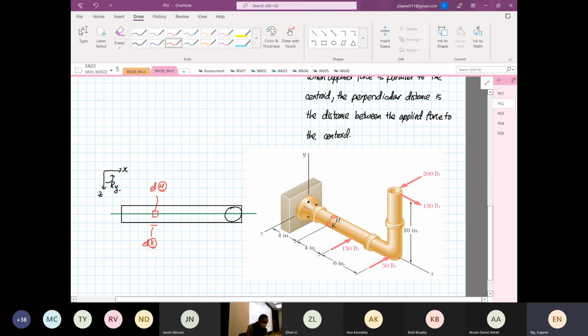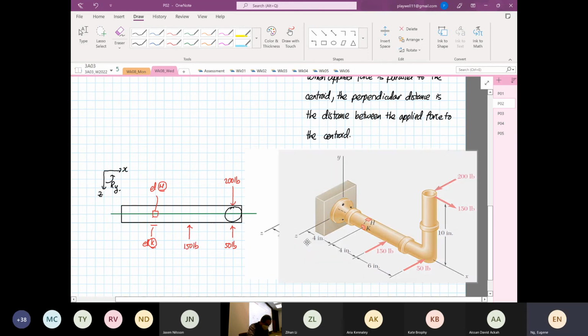And then we start to sketch our applied forces. So you have 200 pounds, you have 50 pounds, you have over here 150 pounds, and then you have 150 pounds over here.